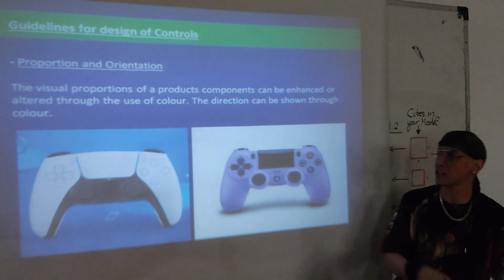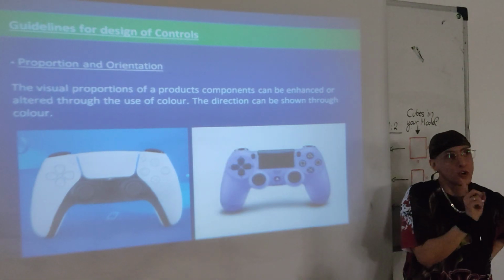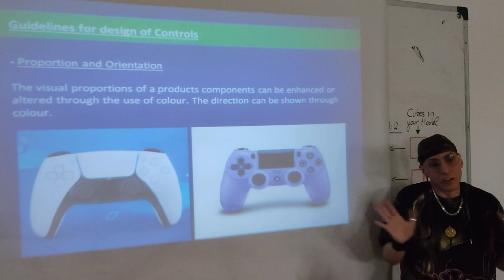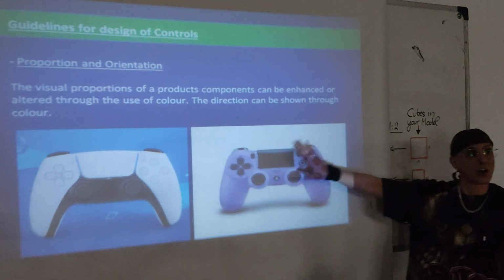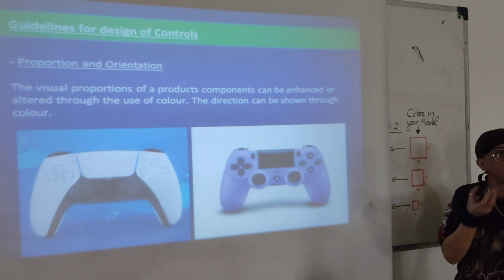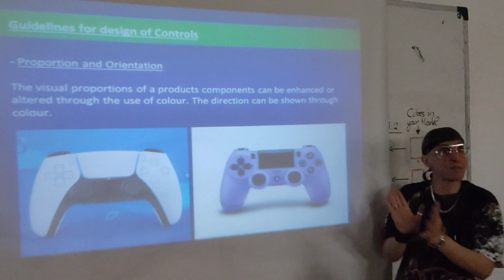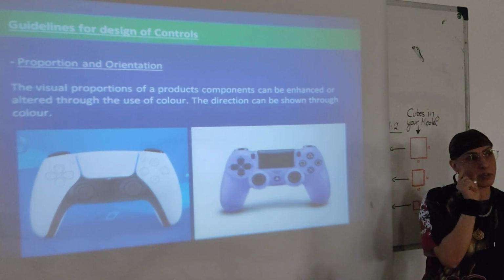Some users like this color, some users like the red, the black, the white, you know. So to meet the needs of all of these people, you can create the same object, the same shape, just by changing the color. It already appeals to different target groups of people. This is very important to understand.